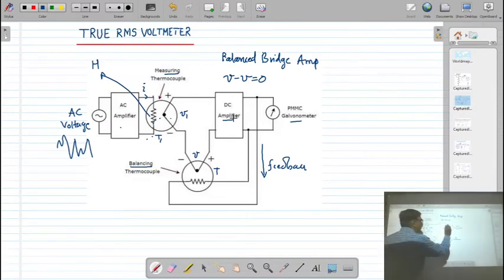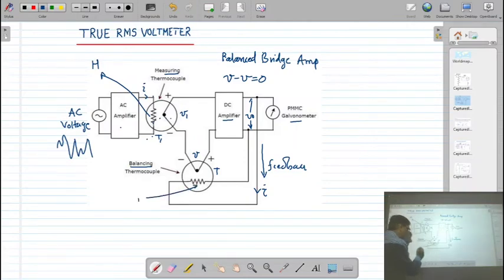Whatever output voltage is produced here, due to this output voltage there will be a flow of current. Remember, this current is passing through one more resistance, so again there will be power dissipation, and due to this the temperature of this resistance is going to increase. So the EMF produced in this thermocouple will also change. Now it becomes V2.